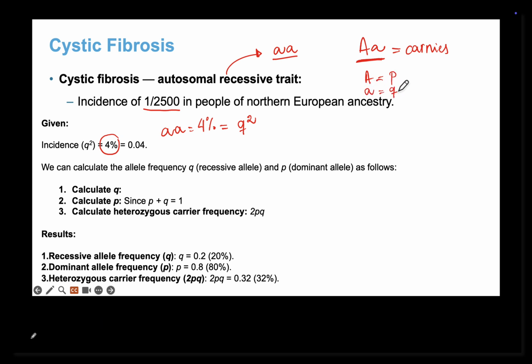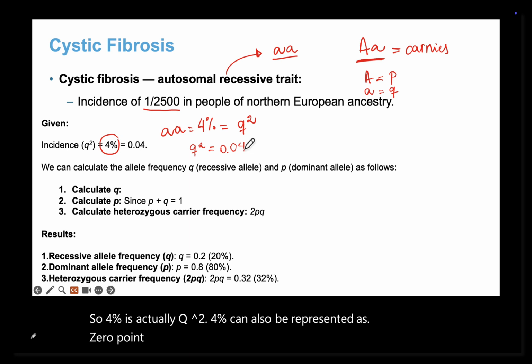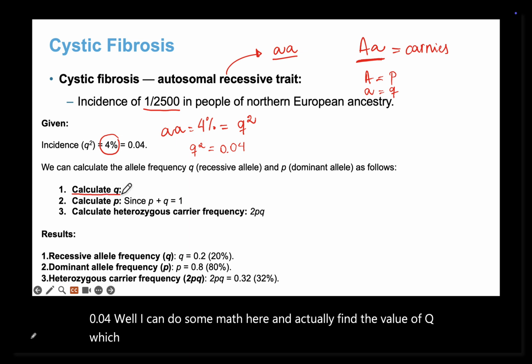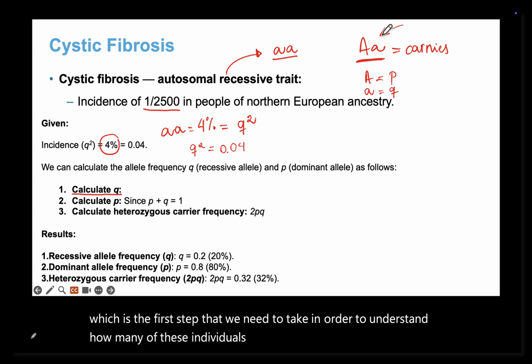So 4% is actually q squared. 4% can also be represented as 0.04. Well, I can do some math here and actually find the value of q, which is the first step that we need to take in order to understand how many of these individuals are carriers.